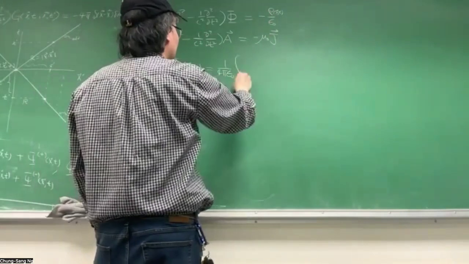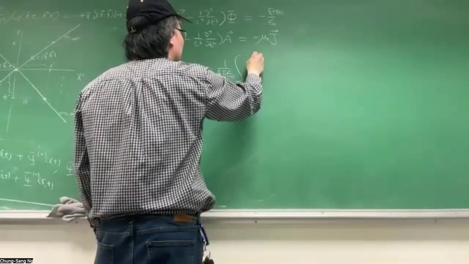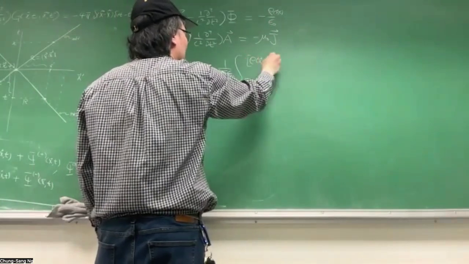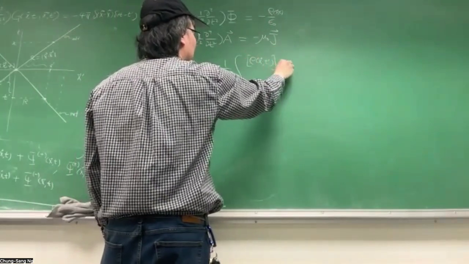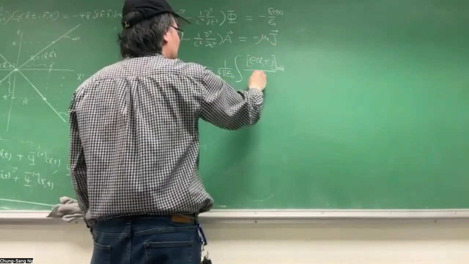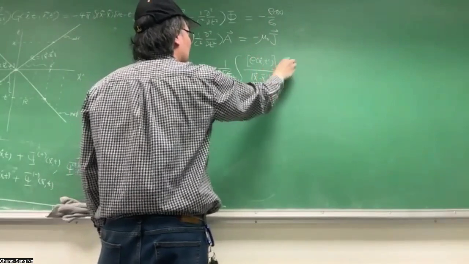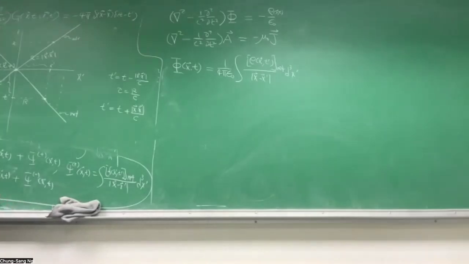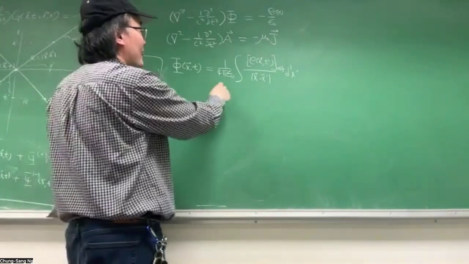Okay, and then you integrate. So rho of x prime and t prime, we put in the retarded bracket, divided by the distance between x and x prime. So that would be the solution, the retarded solution.